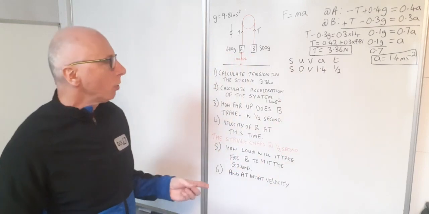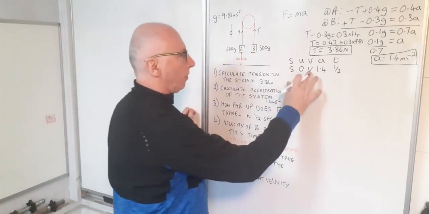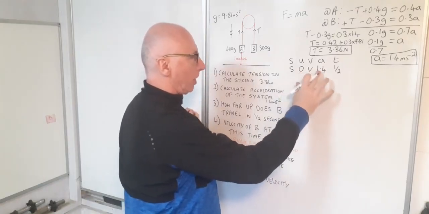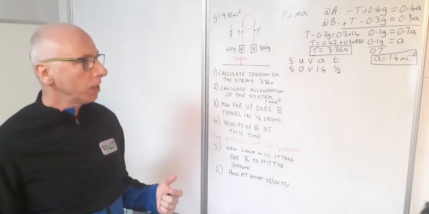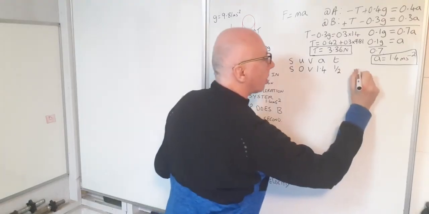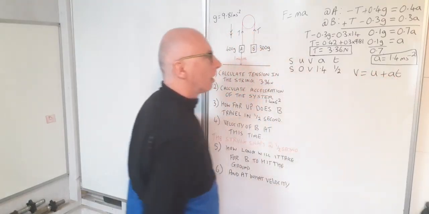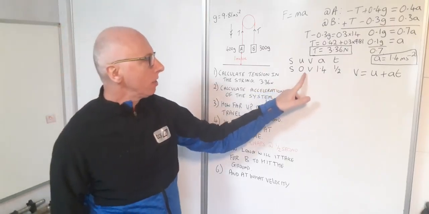So which equations do we want to use first? So I've got a V, which I need to find. I've got a U given, an A given and a T given. So I can find velocity first if I wished. So I could use V equals U plus AT. So V is the variable we need, and then U is 0.